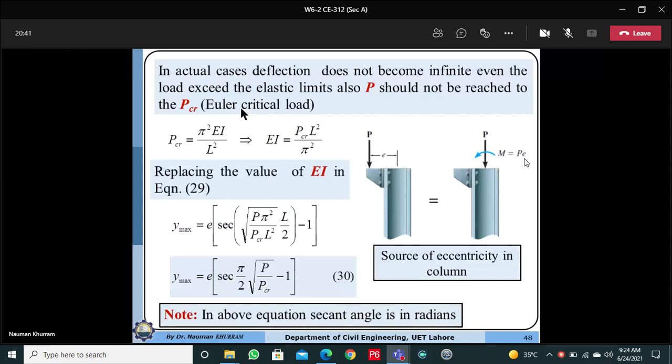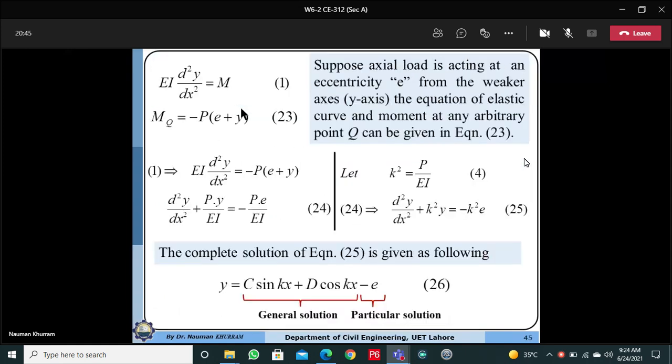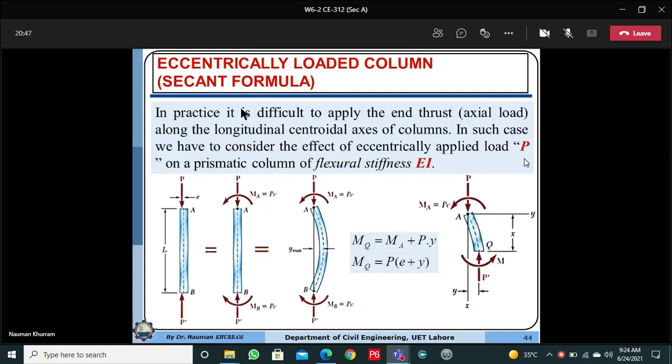So actually, what happens if you see this derivation? At zero load, the applied bending moment will be zero. When we have some load and we increase the load, E is constant, and y is the additional lateral deflection produced by the load.